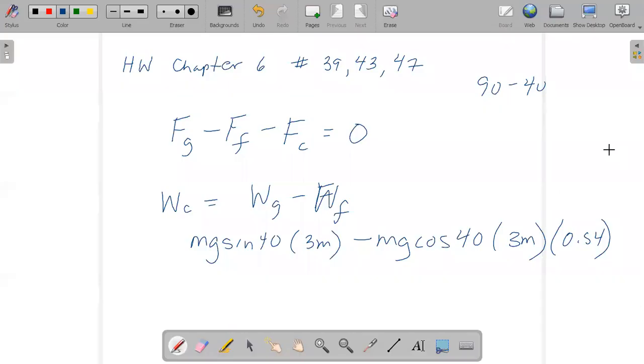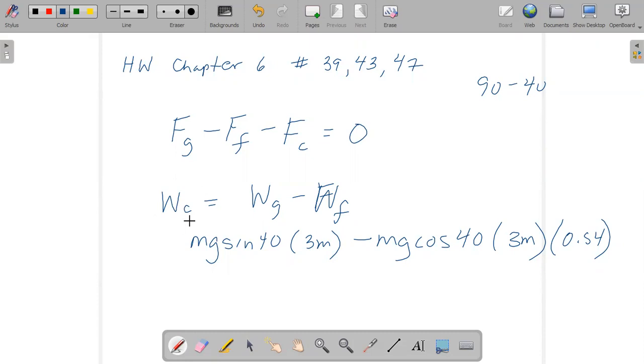All right, so our work done by the curator is going to be the work done by gravity, which is pushing it down, minus the work done by friction, which is pushing it up, going against that. But it's also going to be negative because we're going against the force.